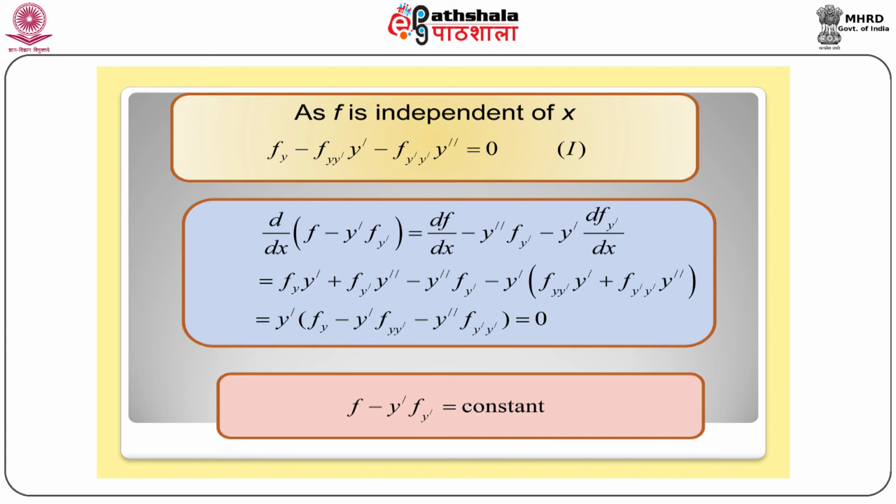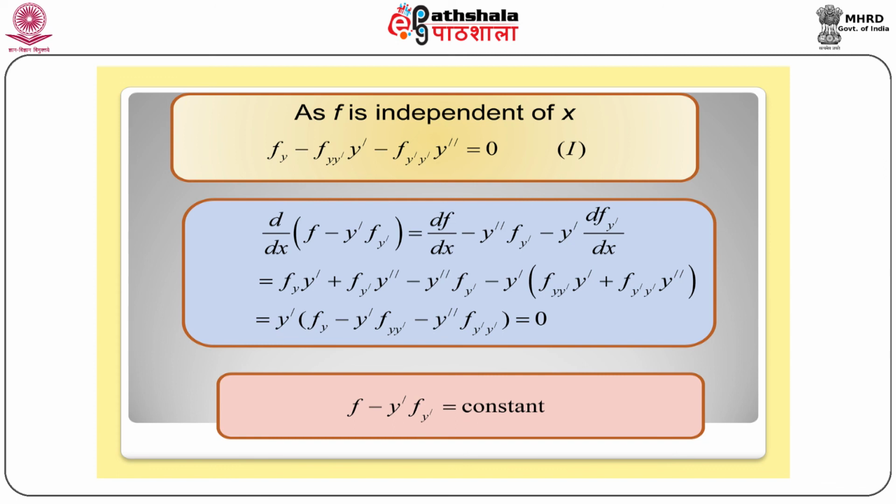Now, if we write this term explicitly and this term explicitly, then we get this result. After some calculation, we can write it in this way, which gives the result 0.